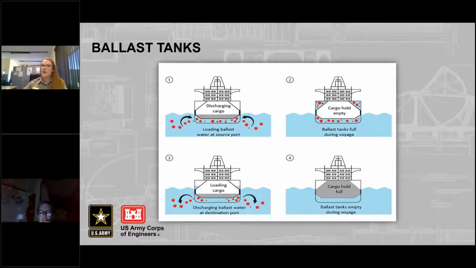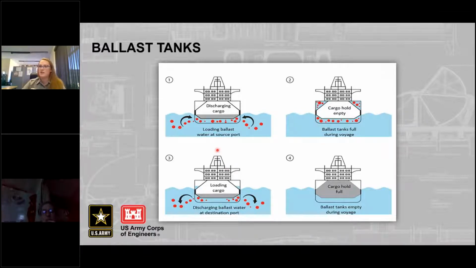So the system that we have today: when a vessel is in port, and we'll say it's discharging limestone, it will be loading ballast water. So as the cargo disappears, you have that same weight in water going onto the ship to keep it balanced. And then in the second part, when the cargo hold is empty, the vessel will have quite a bit of ballast water, again, to keep it ballasted in voyage.